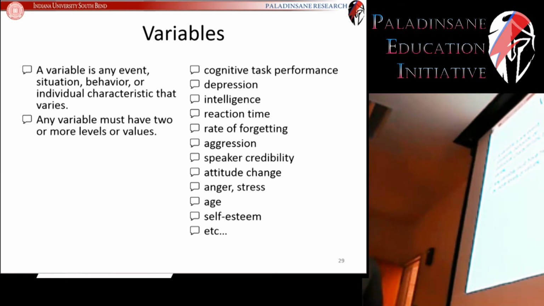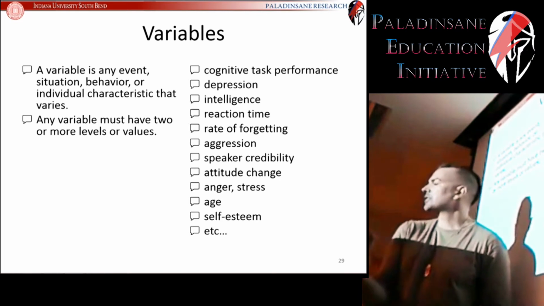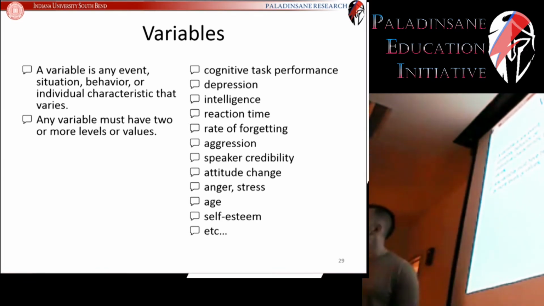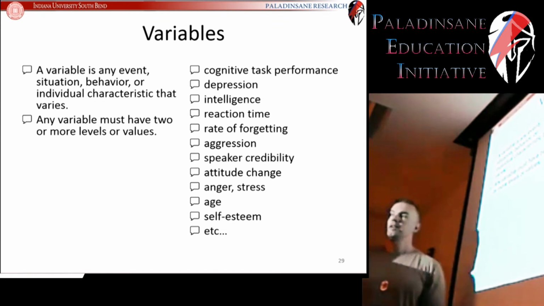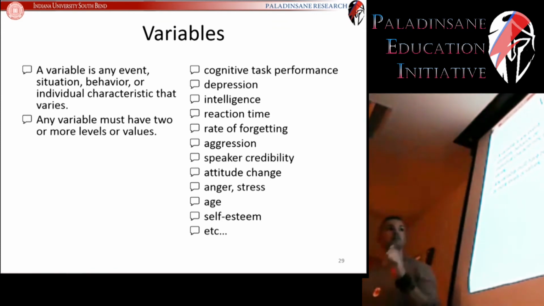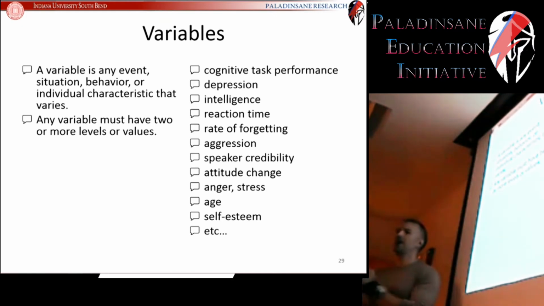IQ scores. Reaction times. If you're a boxer or a goaltender in a professional sport, you have very quick reaction times. If you're not good at those skills, you have poor reaction times. Rates of forgetting, aggression, speaker credibility, attitude change, anger, stress, age, self-esteem. There's a ton of variables that we have in psychology. And importantly though, it needs to be something that can change.